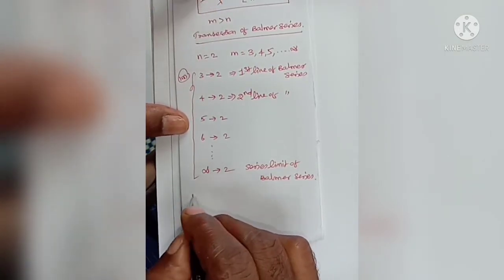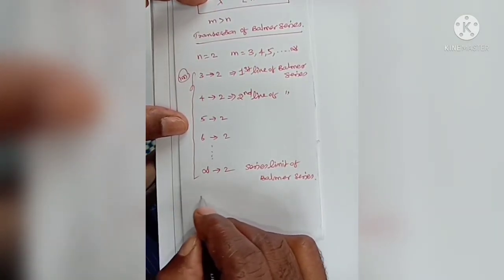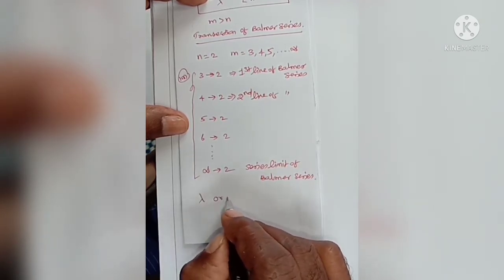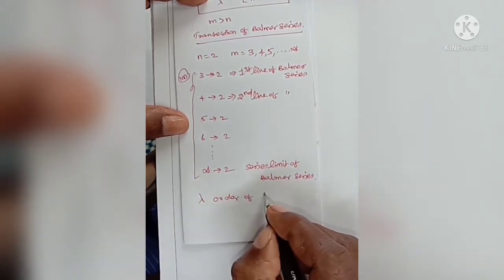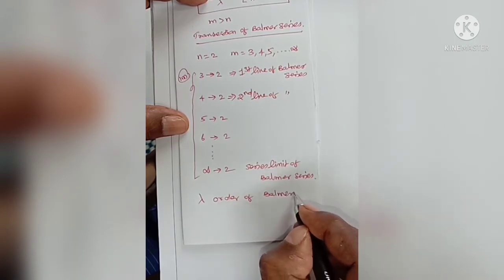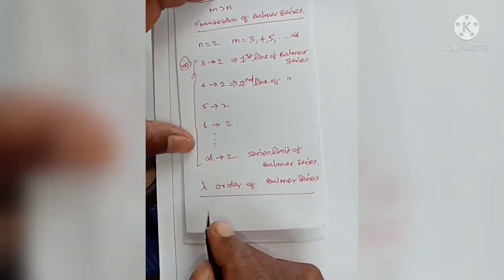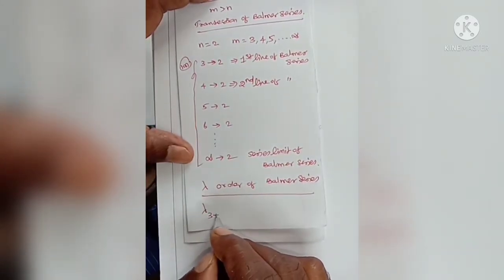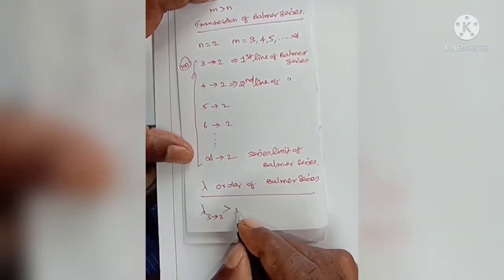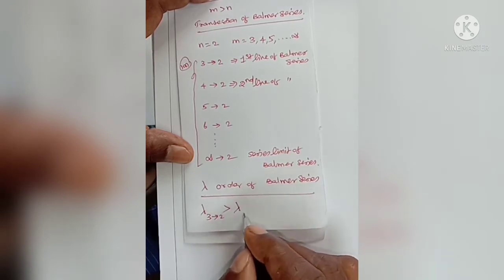So next, wavelength order of Balmer series. Wavelength of 3 tends to 2 is maximum, and wavelength of 4 tends to 2 is lower, and the wavelength of infinity tends to 2 is minimum.